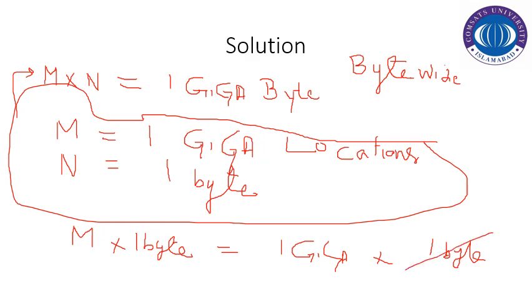This will cancel with this, so we've got 1 giga location. So here we got M equals 1 giga location, which I already mentioned here. But we have to compute the value of K.